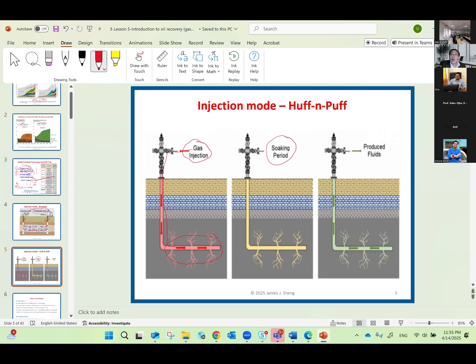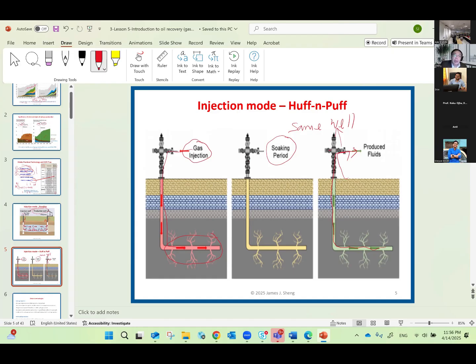And then you open the valve, and oil and other fluids are produced back. Now, what you see is that all of this is the same well. We use the same well to inject gas, then produce fluids.